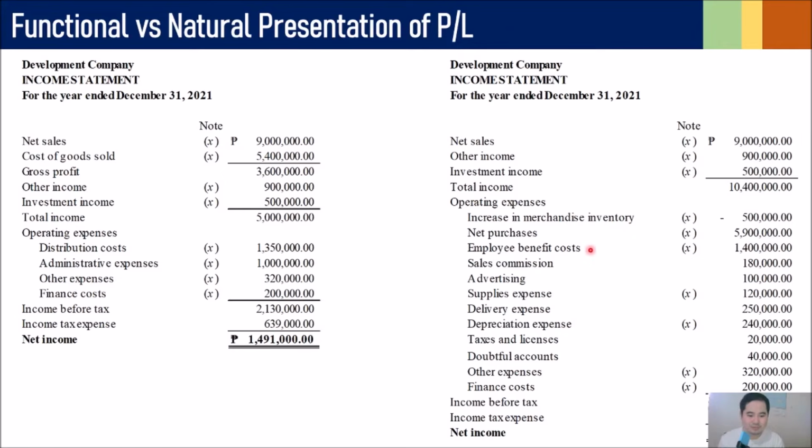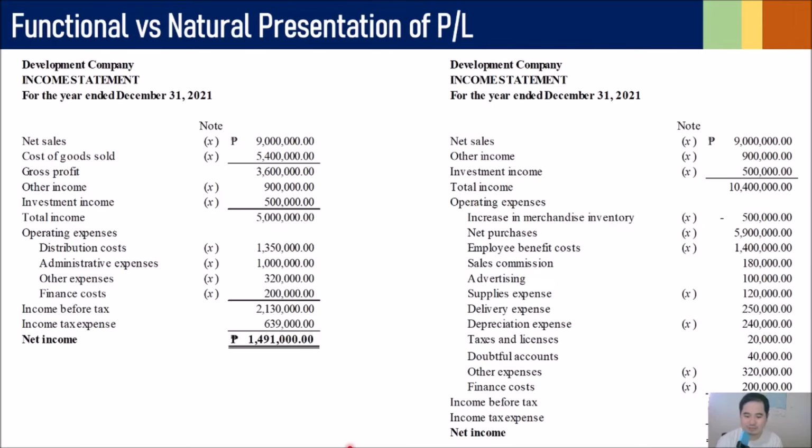Itong mga employee benefit cost, nandyan yung mga pasahod mo sa opisina, tsaka mga pasahod mo sa mga nasa selling area. Ganon. Yun yung sinasabi ko na nakagrupo na po kasi yung expenses mo based sa kung ano ba siya. Ano ba yung nature niya? Hindi na siya function. Nature na. Ano ba talaga siya? Depreciation ba siya? Amortization ba siya? Employee benefit ba siya? Okay? So, ganun po.